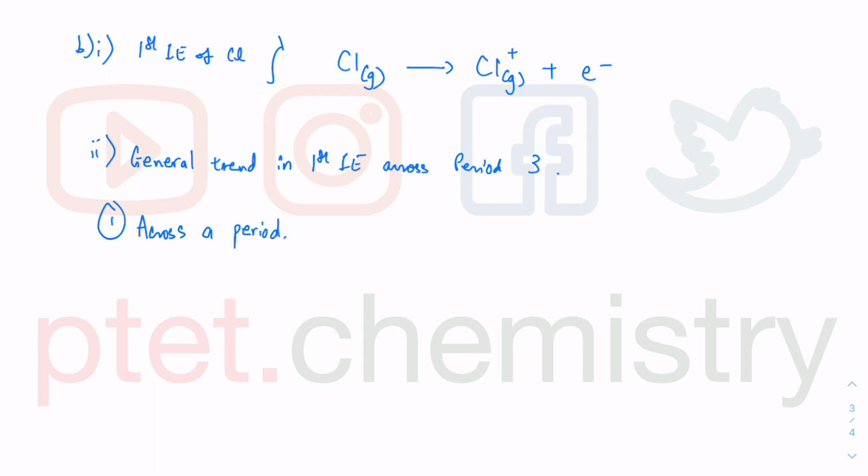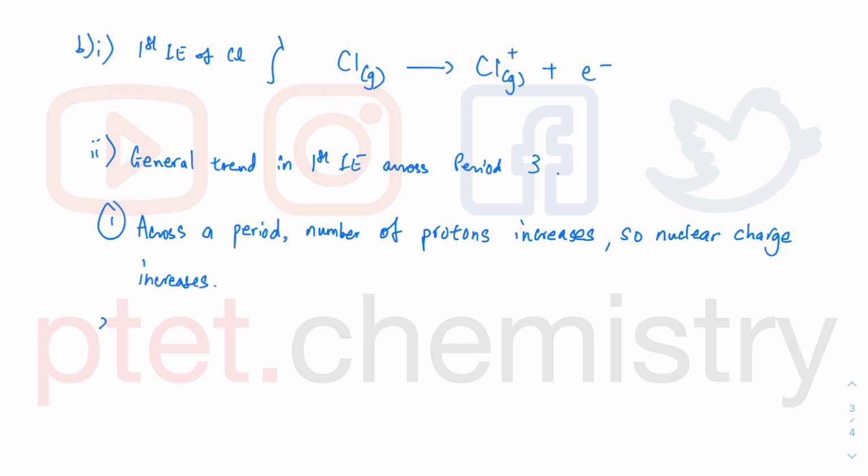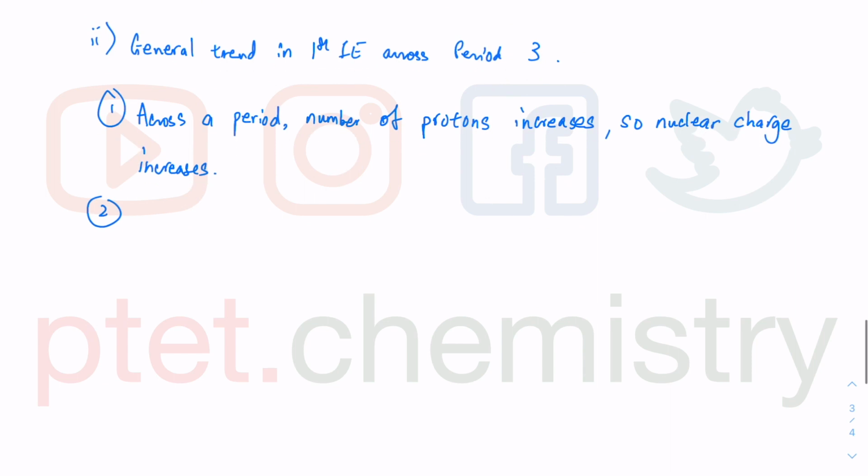So across a period, we need to consider the number of protons increasing first of all, and the protons carry with them what you call nuclear charge, because the neutrons in the nucleus are uncharged, so the nuclear charge entirely comes from the protons. So more protons, nuclear charge increases. And then across a period, shielding is roughly constant.